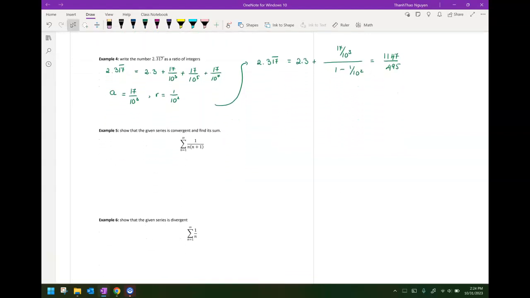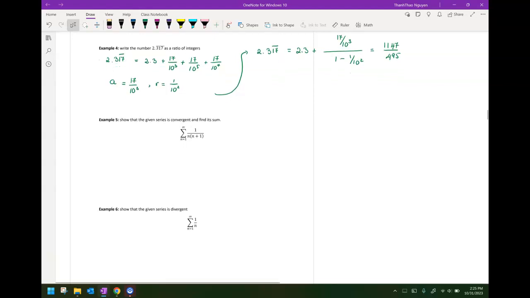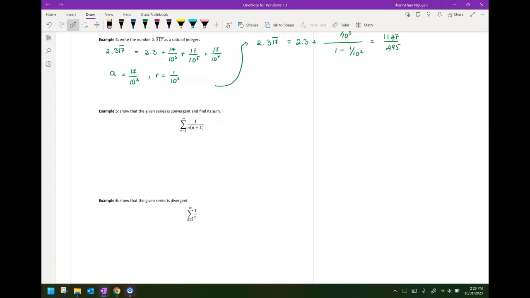Now we are given a series, and we want to show that it is convergent and find its sum. So let's go ahead and write out a couple of terms to see what the terms look like. First of all, we see that this is not a geometric series. So let's write out the terms.